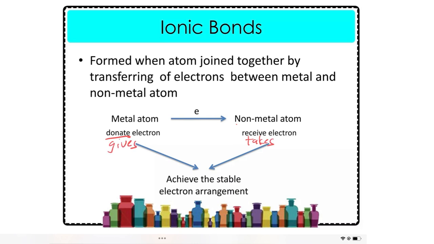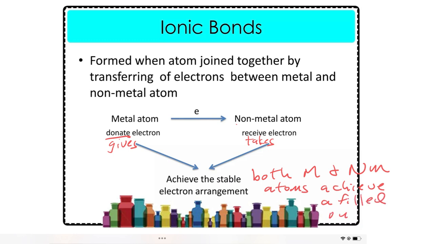So the metal gives, the nonmetal takes. And this results in a stable electron configuration. What they mean by that is both the metal and the nonmetal atoms achieve a filled outer electron shell. Scroll down.